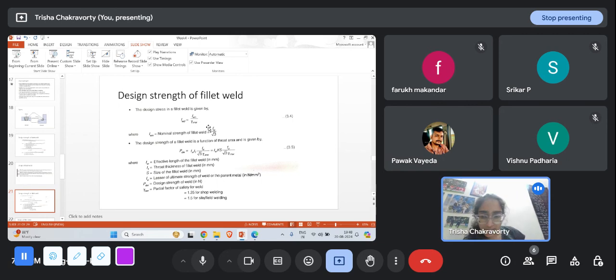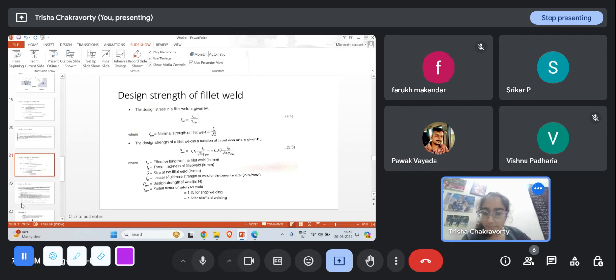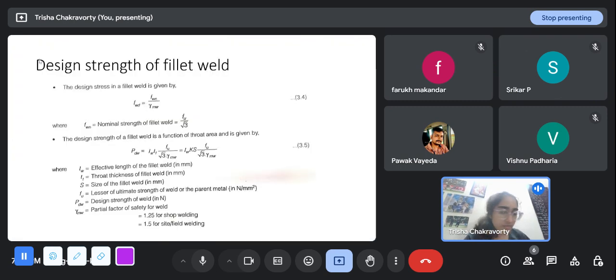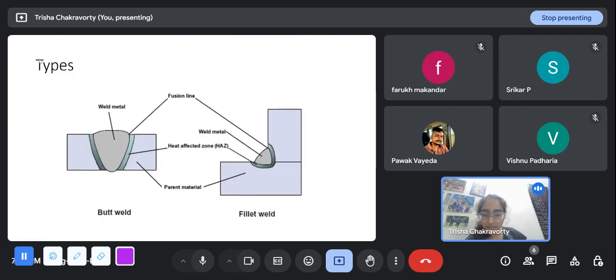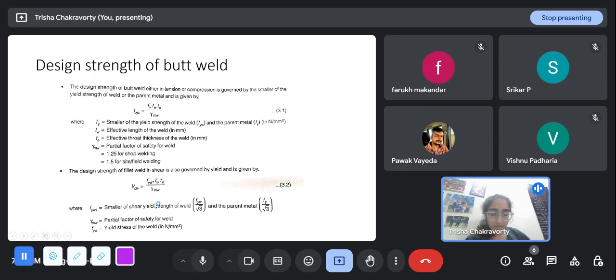I'll look into these two and let you know next class. Sure, ma'am. Okay, and also about why we are not checking the shear criteria in butt weld, I'll confirm that as well.